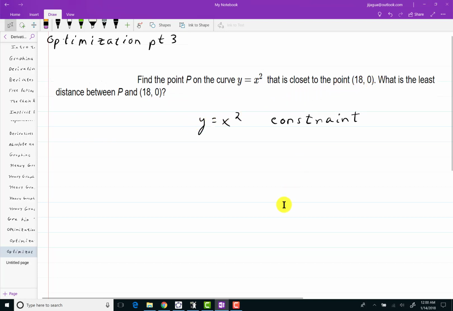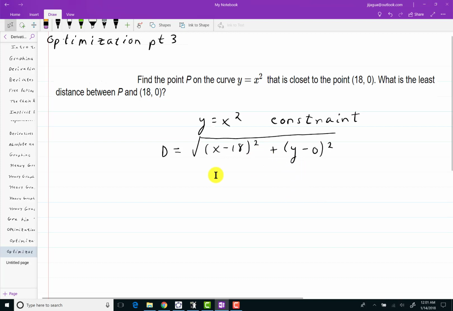So let me call it d, the distance between a point (x, y) and the point (18, 0) looks like this. It's the square root of (x minus 18) to the second power plus (y minus 0) to the second power. It's the square root of all of that.